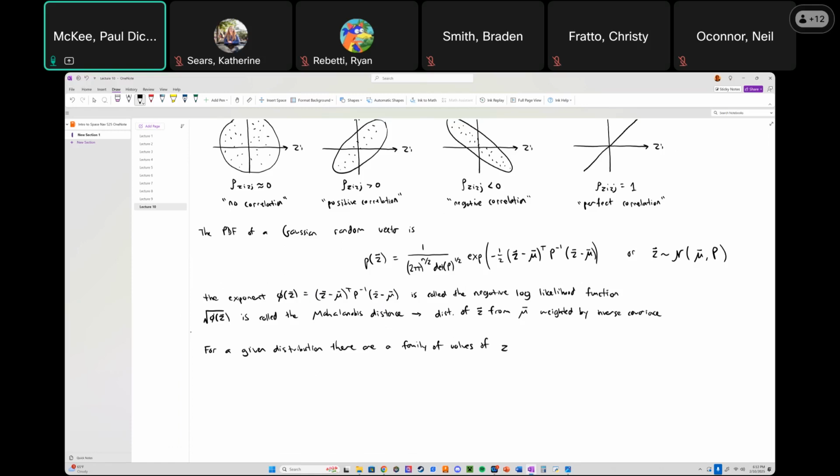So there's a whole bunch of random vectors, or instantiations of a random vector, that can occur with the same likelihood. Now here's where we get fancy. These values, these vectors, form a surface in n-dimensional space.